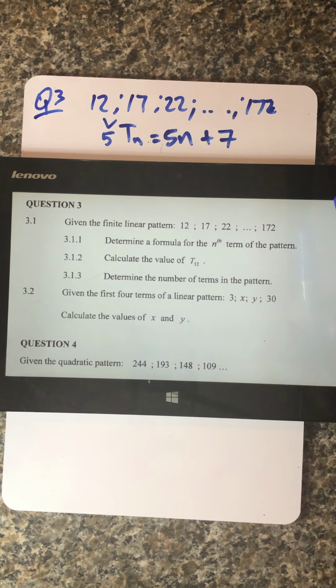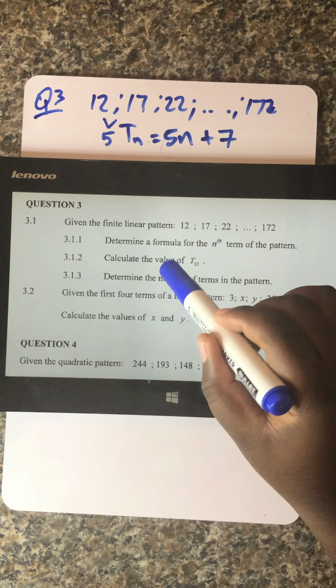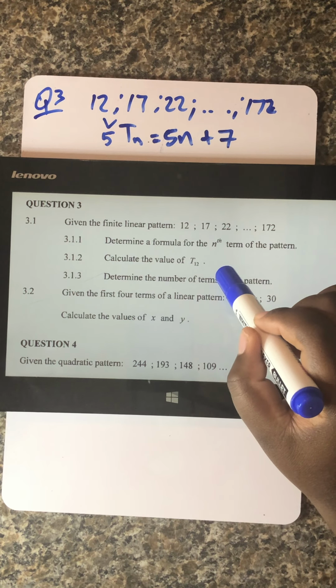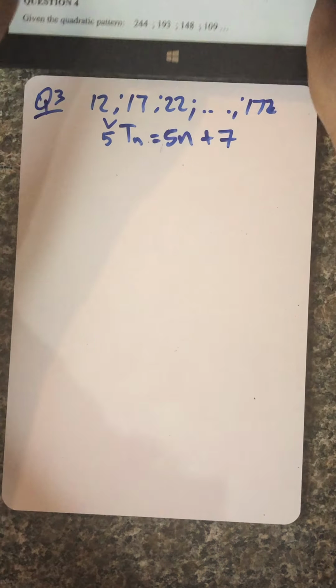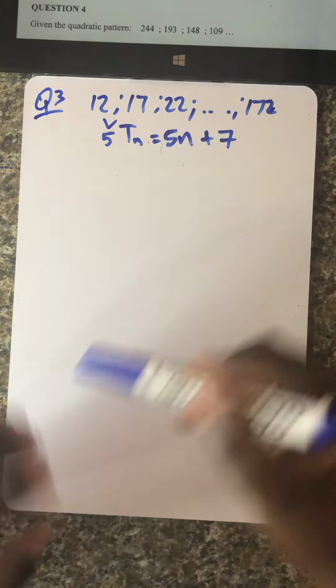They are saying, determine the number of the terms in the pattern. Ladies and gentlemen, very, very much important.